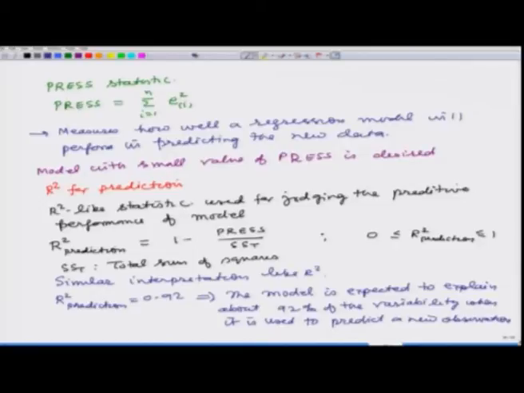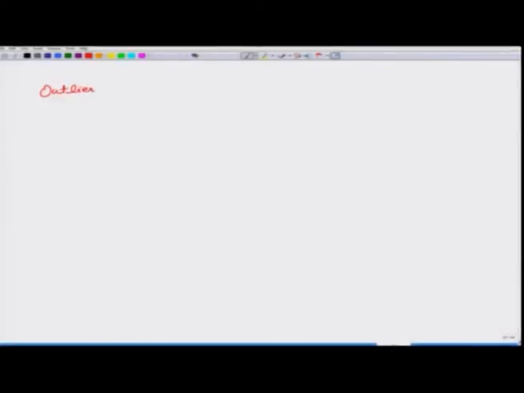Okay, or in simple words, one can say that the model is nearly 92% good for the purpose of prediction. Next, we are going to talk about outliers.